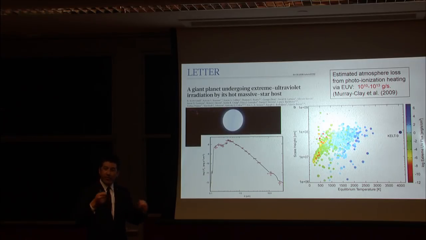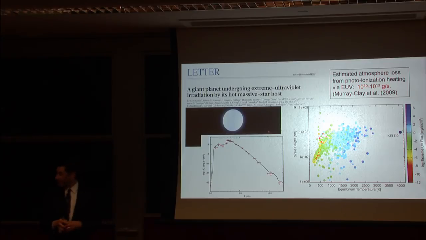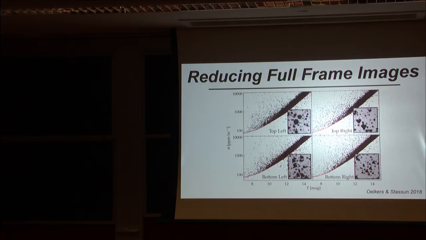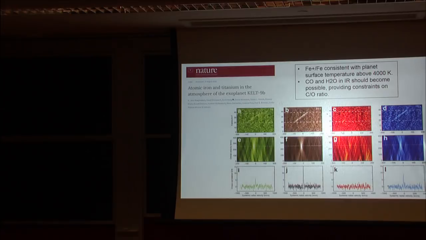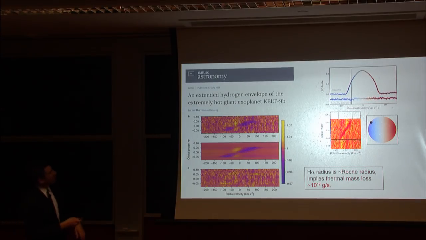You photoionize, and that heat goes into doing some PdV work on the atmosphere, and you can estimate from Ruth's work that the atmospheric mass loss rate for KELT-9 should be somewhere in this range. Well, this system has turned into a little Nature paper factory.